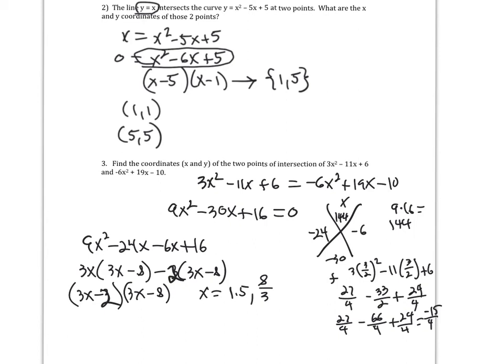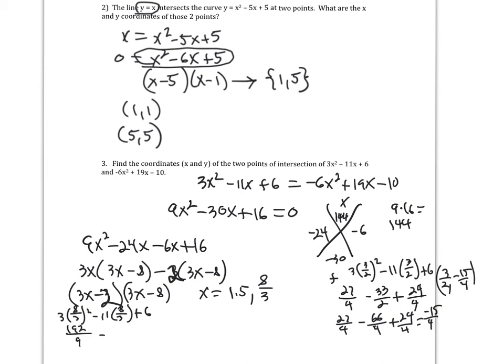So we have 3/2, negative 15 over 4. And over here, when we substitute in 8/3, we'll do 3 times 8/3 squared minus 11 times 8/3 plus 6. This is going to give me 3 times 64 over 9, so it's going to give me 192 over 9.